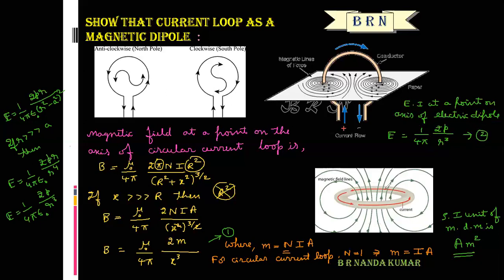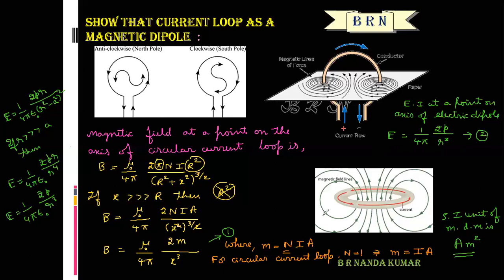Comparing this with the expression for electric intensity at a point on the electric dipole, here M is the magnetic analog of P. M is called the magnetic dipole moment. P is called the electric dipole moment.